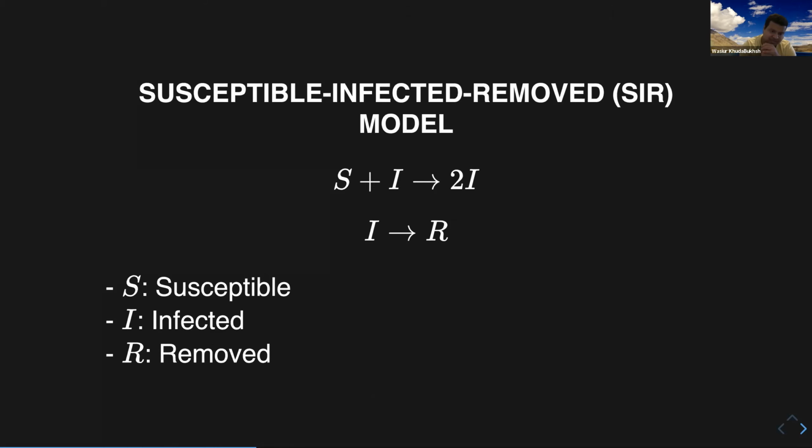The second compartment is I, where individuals are already infected and could infect others. And the third compartment is R, where people are no longer infectious and cannot be infected again. So this system can be described by these two chemical reactions, basically.